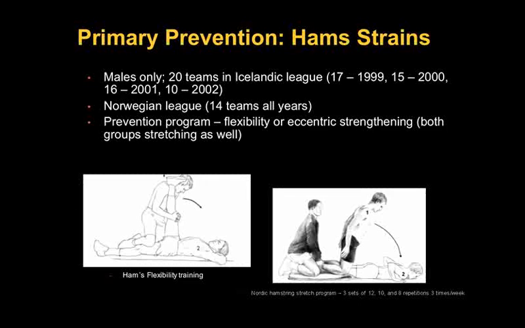But it did identify, out of the 20 Icelandic teams during that time frame, in the Norwegian League there were 14 teams all year. The prevention program that was used was flexibility or an eccentric strengthening. Both of the groups did their own stretching as well. So there was just flexibility, or there was flexibility in this Nordic stretch program.